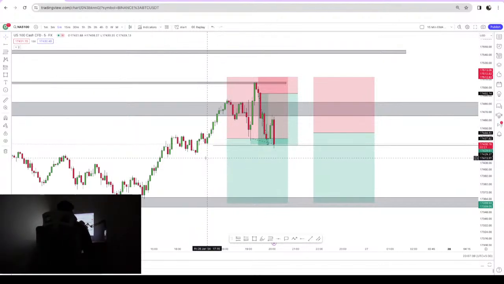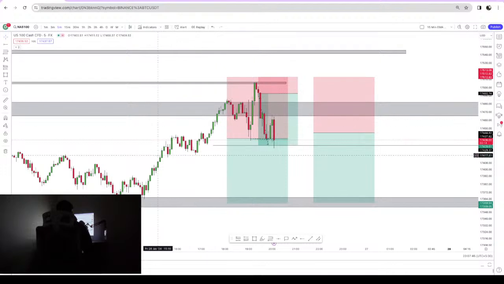And I'll shift our first position to cost here, such that it's a no loss.